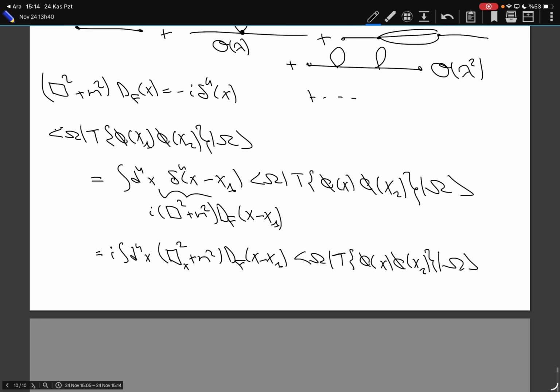Now I can do integration by parts and move all that operators in my D'Alembertian into acting on the matrix element. I have to do integration by part twice. I will ignore the boundary terms.